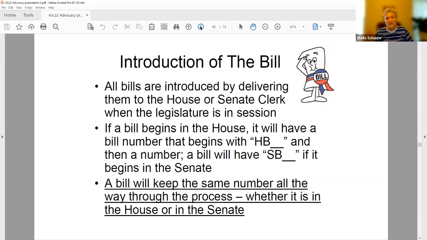So it's important to remember the numbers of the bills when you call the message line. Really helpful if you can be specific about the bill number. If you say, I have a message about the mental health bill, now, the switchboard operators are great at trying to help you figure out what your bill number is, but it's really helpful if you can remember that.